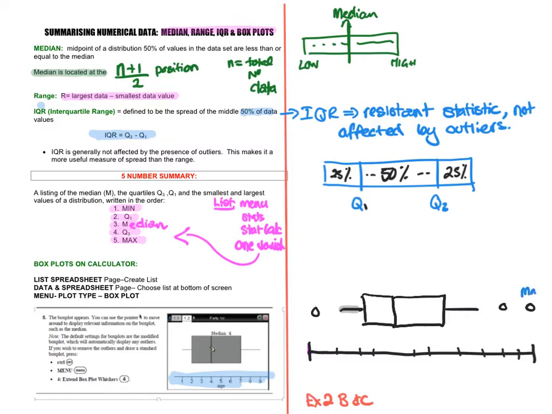This number out here will be my maximum. So that is your maximum, and even though it's an outlier, it's still the maximum, and this is the minimum. So this line represents Q1. This middle line will be the median, and this line equals Q3.